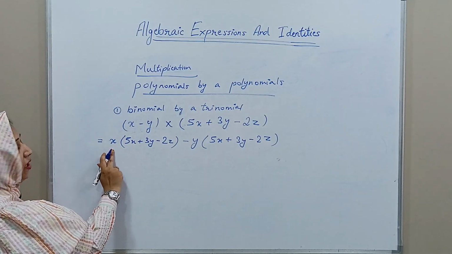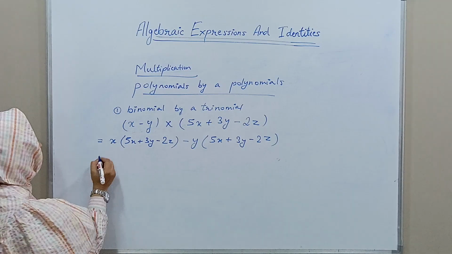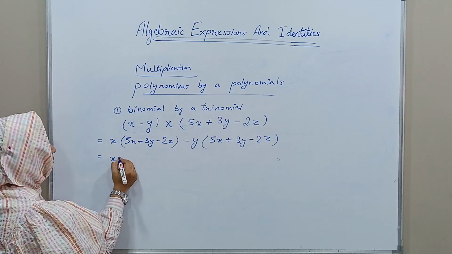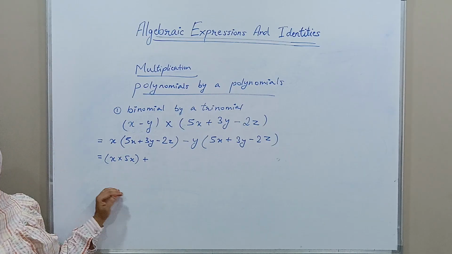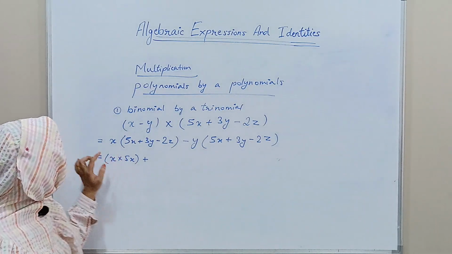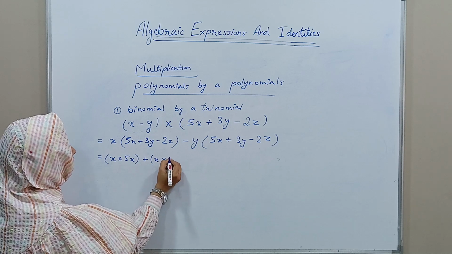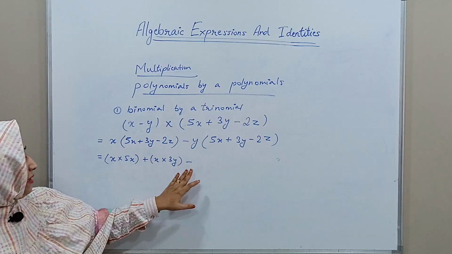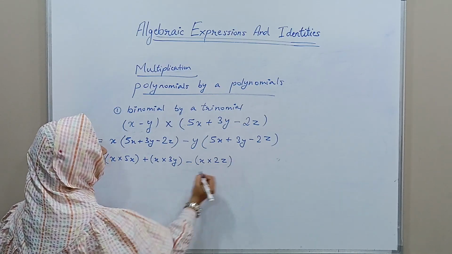Now we have to multiply this x with each and every term of the trinomial, right? So starting with the first term, x into 5x plus, we put brackets for ease, okay? Then we have a plus sign, so plus, again x into 3y, then a minus sign, so minus, and x into 2z.